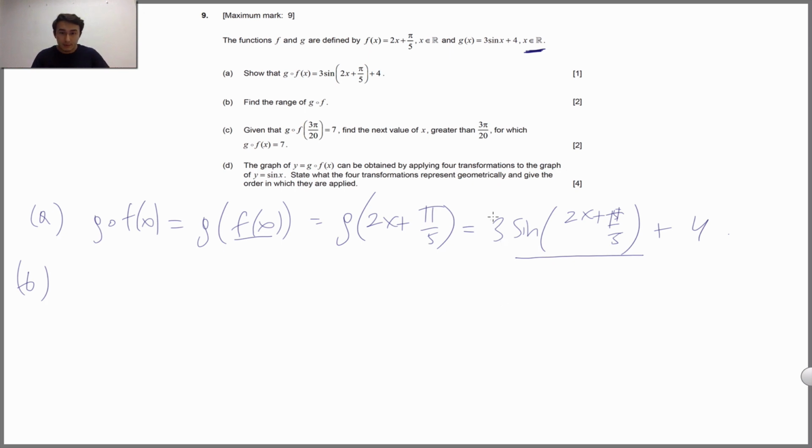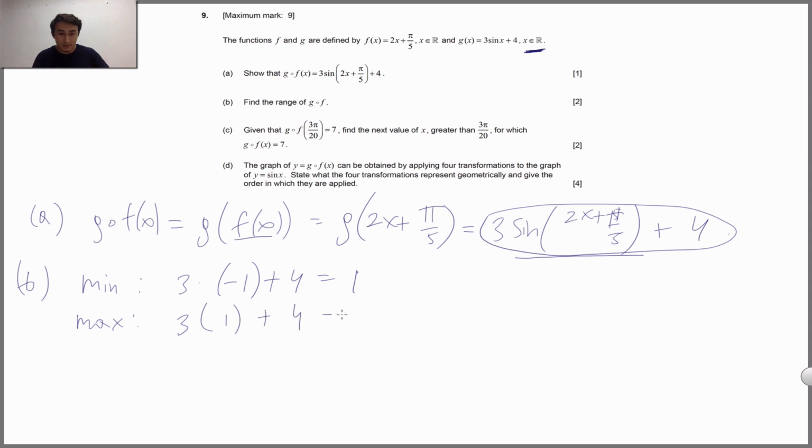So the minimum value of this entire expression will be 3 times -1 plus 4, which is 1. How about maximum? Maximum is 3 times 1 plus 4, which is equal to 7. So the range here is from 1 to 7. This is the range, right?